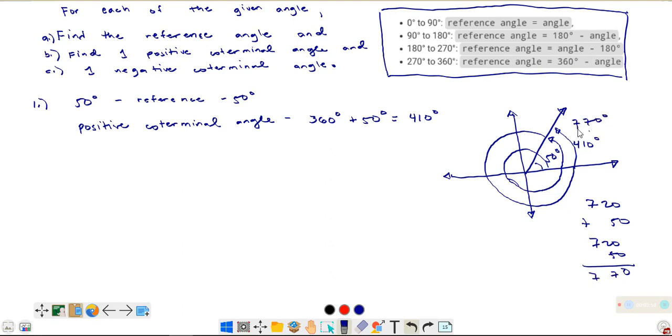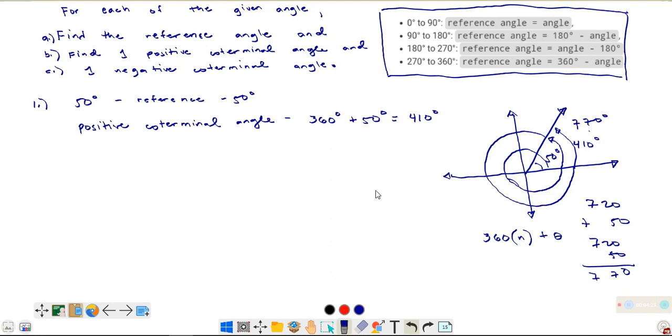Meron pa. Tatlong revolution. So, paano natin nakukuha yon? All you have to do is to multiply 360 by the number of revolutions n that you want to use in finding the coterminal, and then add your reference angle, theta. You will always end up with a positive angle that is coterminal with your given angle.